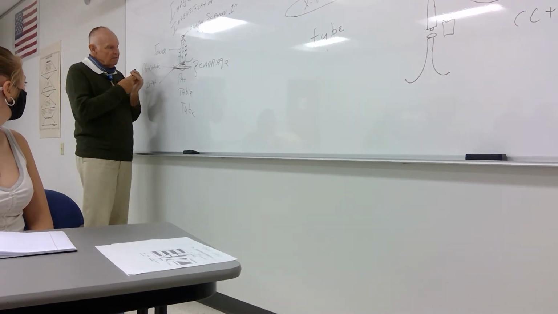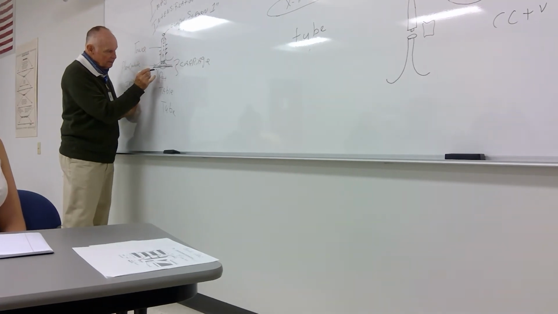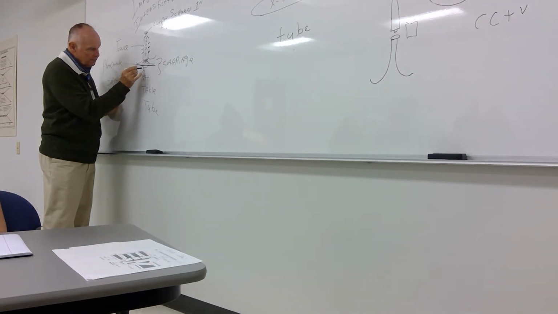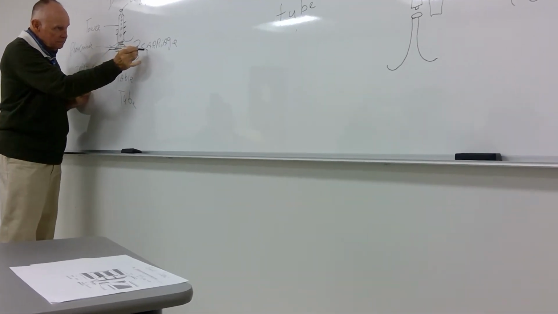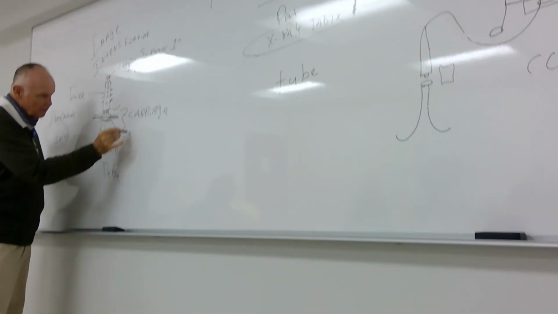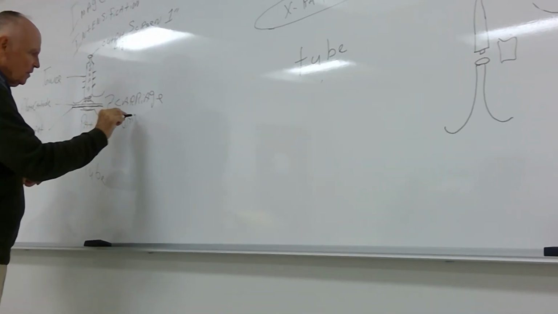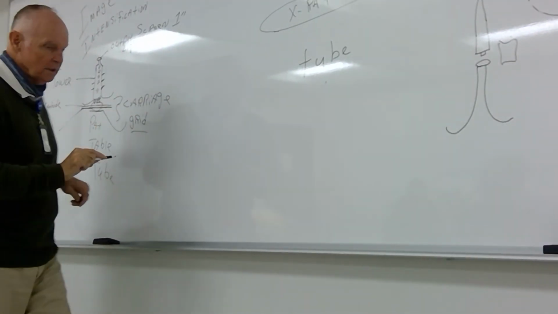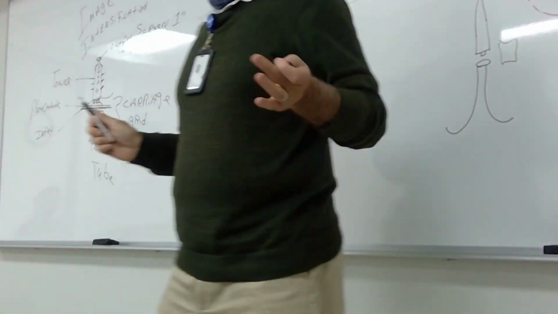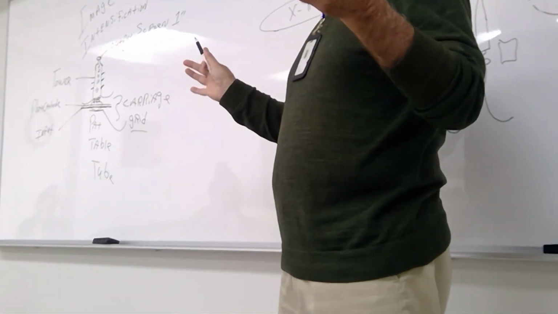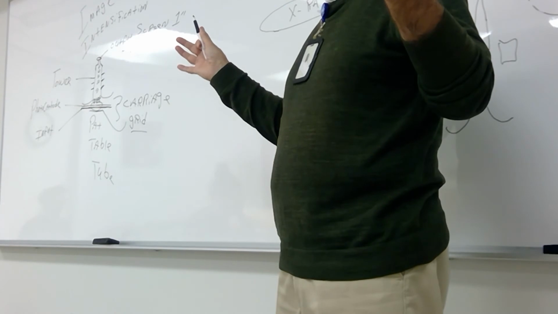So we have right here something called a filter. Oh, you're close. We don't call it a filter. We call it a what? It's a grid. And it's a device.